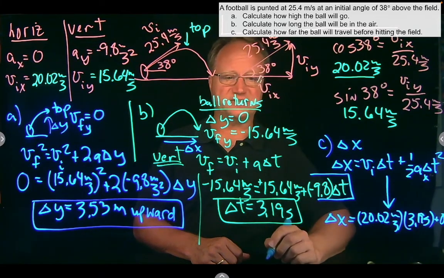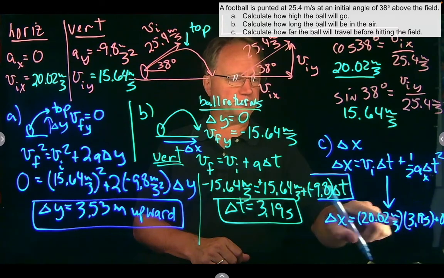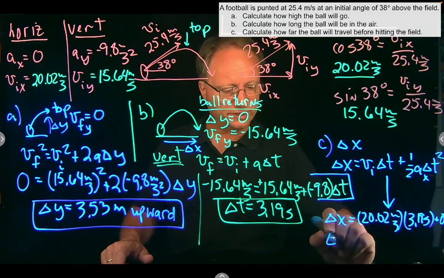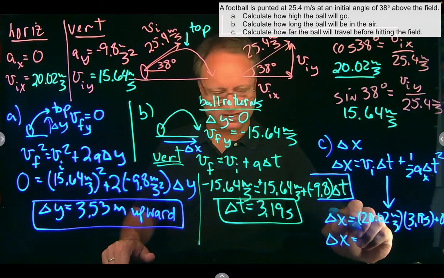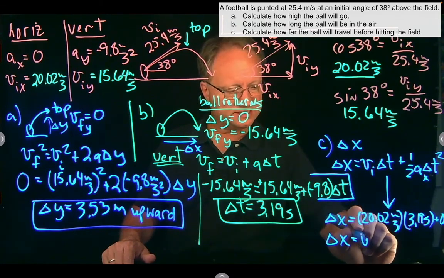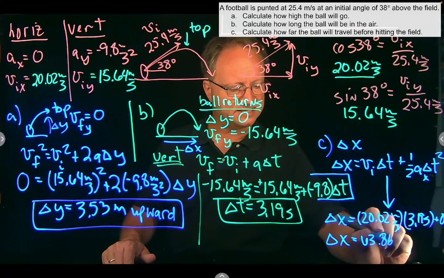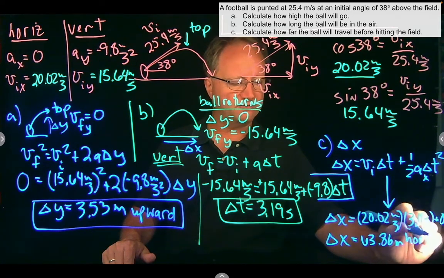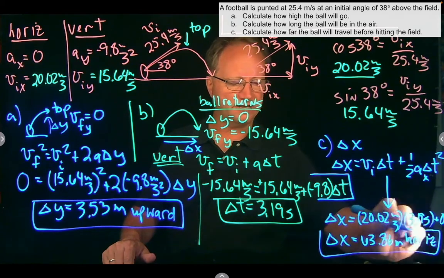So that knocks out that last term. So when we multiply 20.02 times 3.19, we get a delta x of 63.86 meters horizontally, or by the way we've drawn it, to the right.